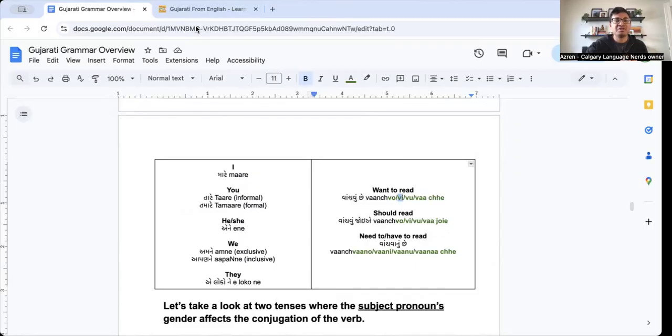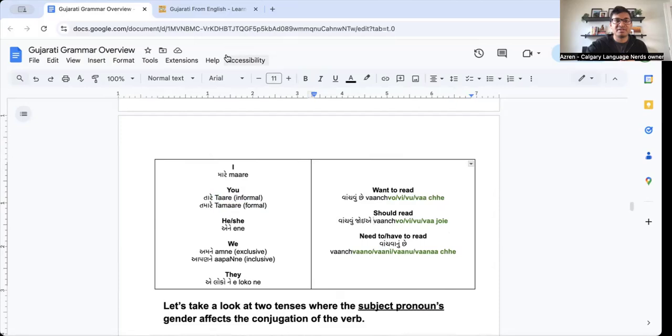You want to read, I don't know, an article: tamare lek vanchvo che. I'm not going to go through this in too much depth. I actually don't care too much if you remember all the grammar rules today. But that's how the wants work.